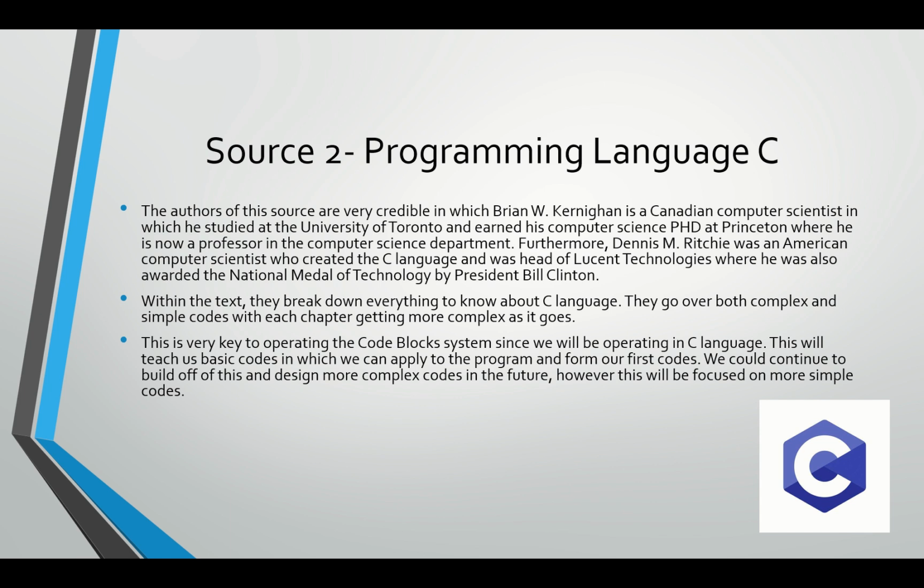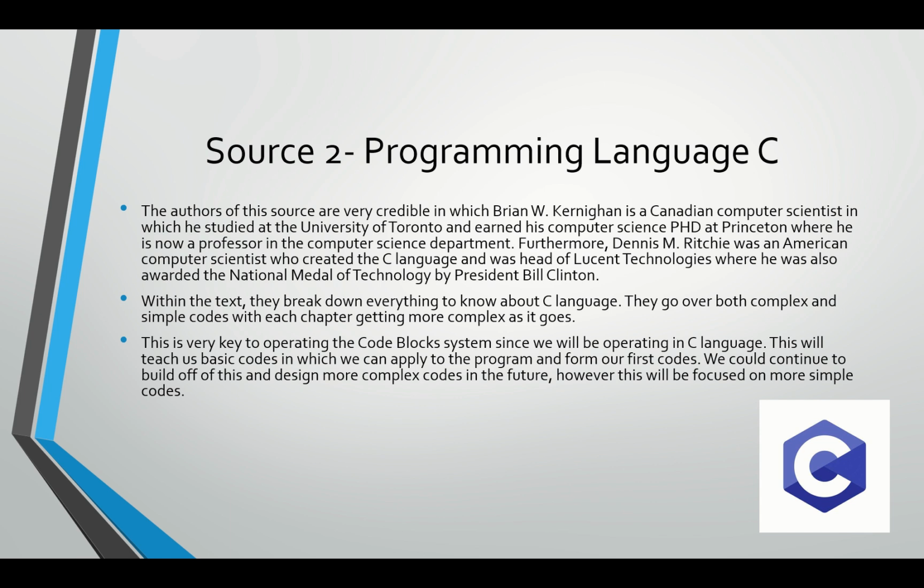Within the text, we are given different ideas and the entire breakdown of C language and different ideas on how we can use them. They go over complex and simple codes, with each chapter getting more complex as it goes on. However, it is your basic guide, everything you need to know about C language.